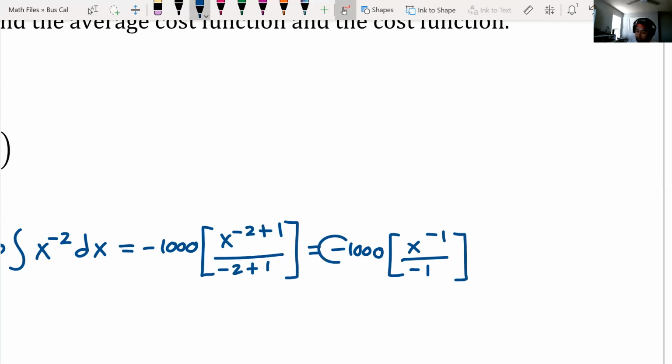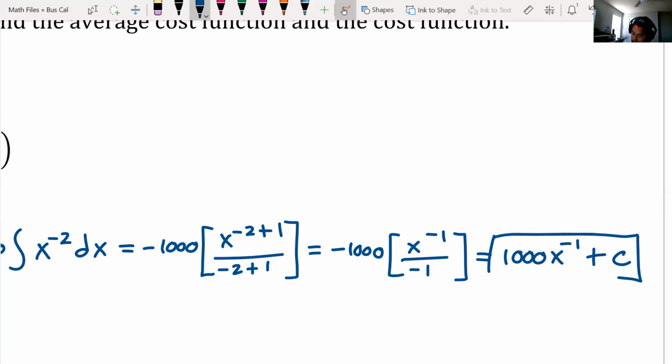And again, negative over negative becomes positive. So we end up with 1,000 X to the negative 1 plus C. Here is our average cost function.